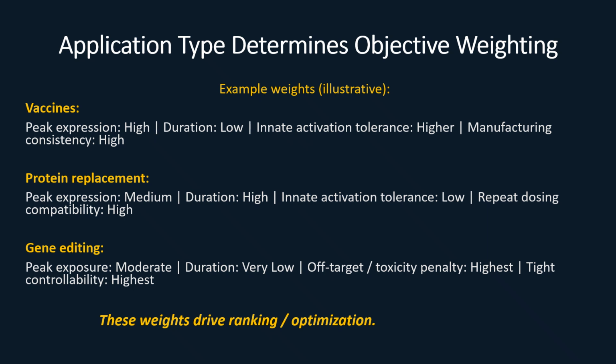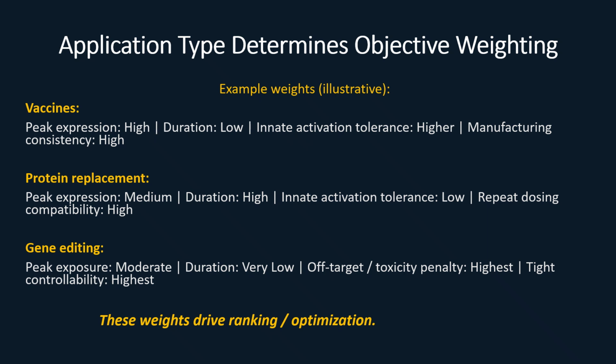So, at the end of the day, there isn't one objective function for the best mRNA. The weights change with the therapeutic job. Vaccines want a high peak and don't care about a long half-life. They can tolerate more innate sensing. Protein replacement is the opposite. You want predictable, durable expression and very low innate activation.